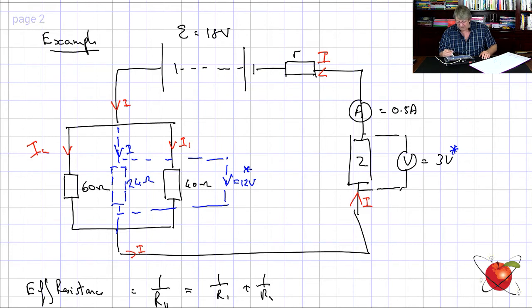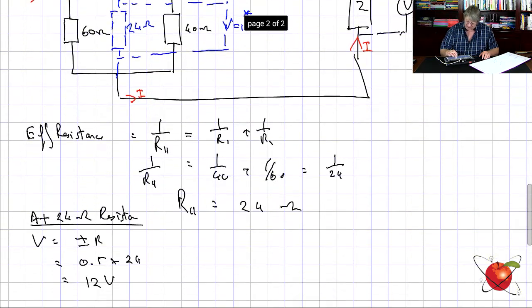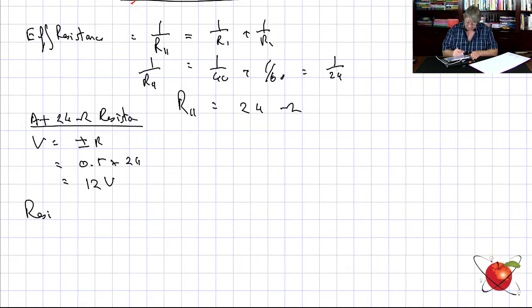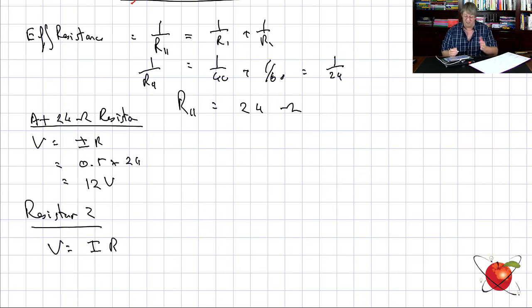I could have not been given that, but then I'd have had to have been given the value of Z. Well, let's calculate the value of Z. So I go back, let's just put it back to that. So resistor Z. V equals IR. That's all we have to remember, and you're given it.